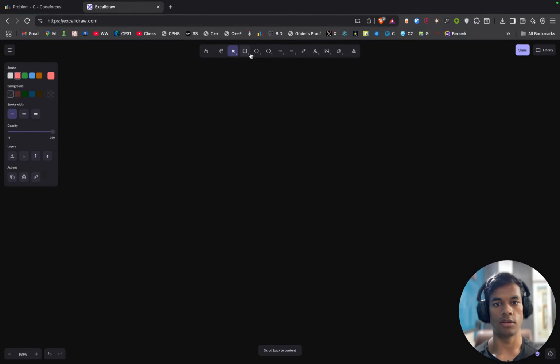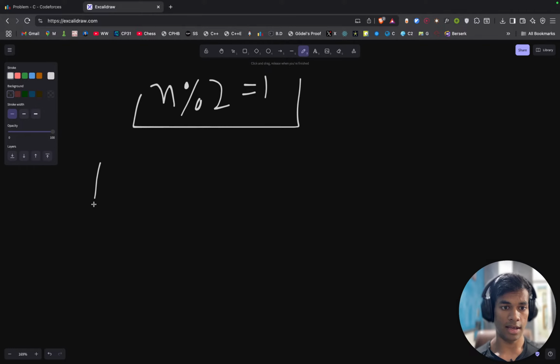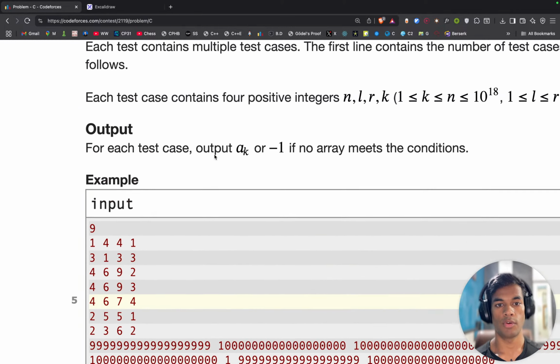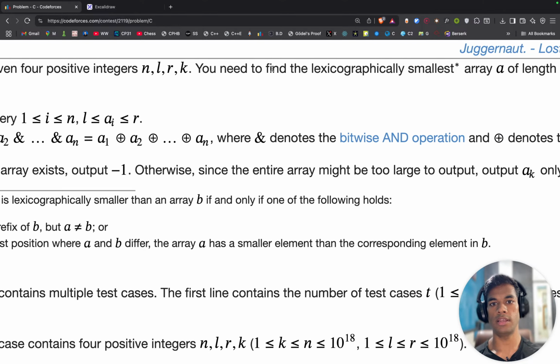So the thing is this: if n is odd, then the solution is very easy. You can just take L, and one more thing. This array has to be lexicographically smallest, which means put small numbers first, and only increase a number when it is absolutely necessary to.